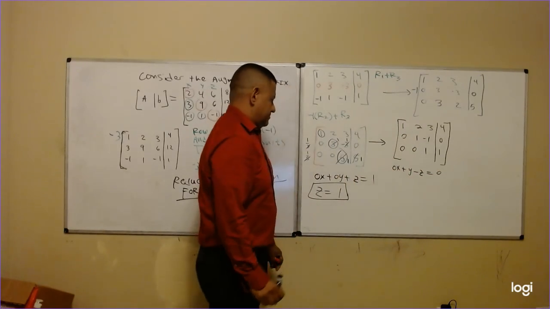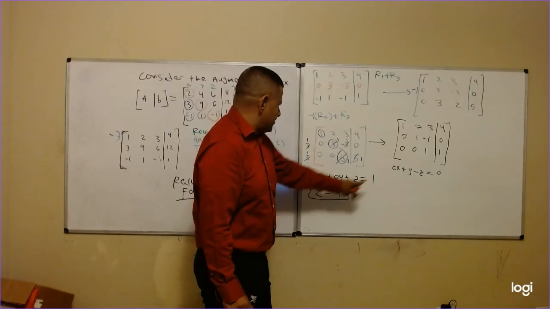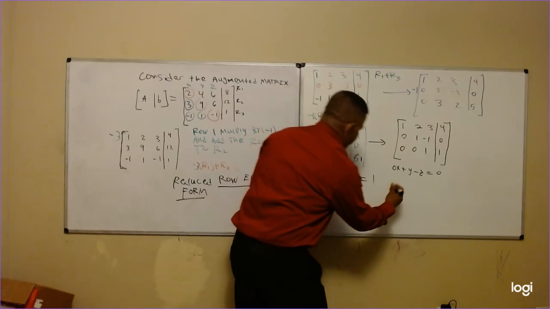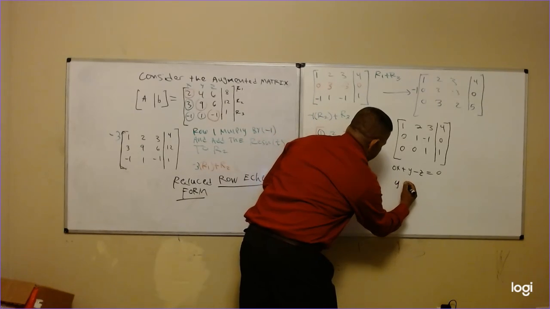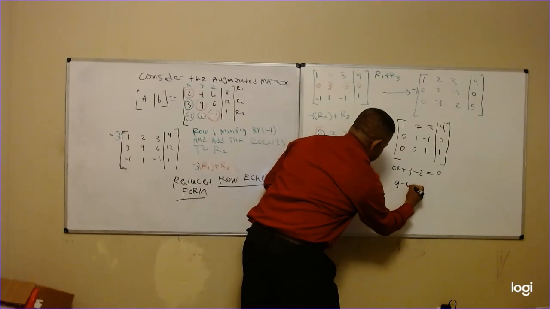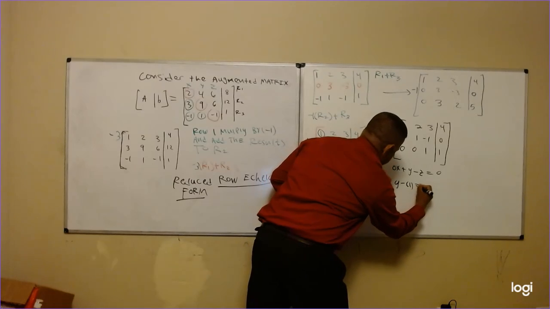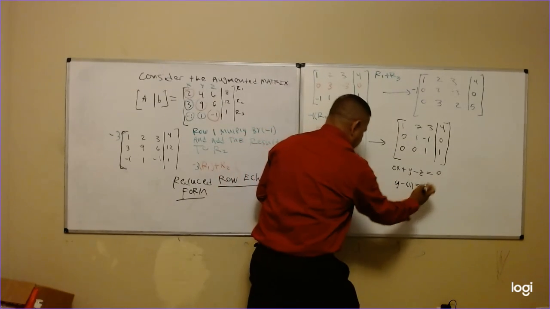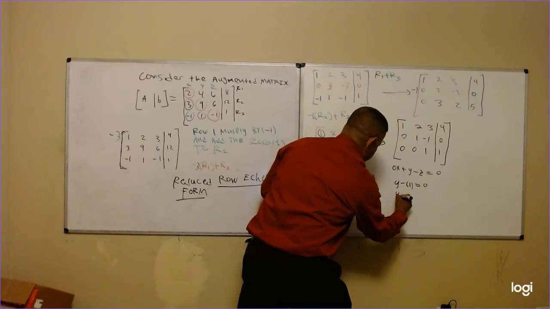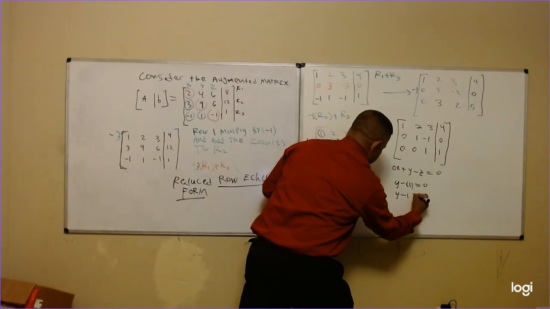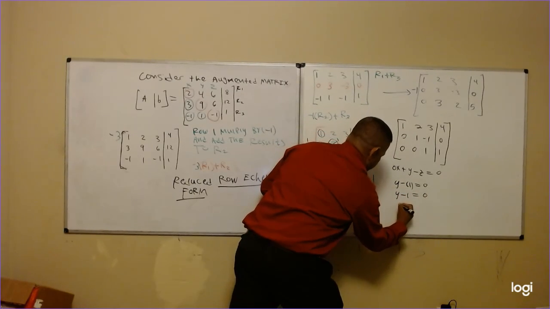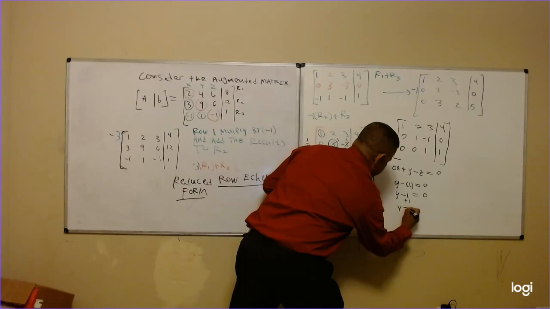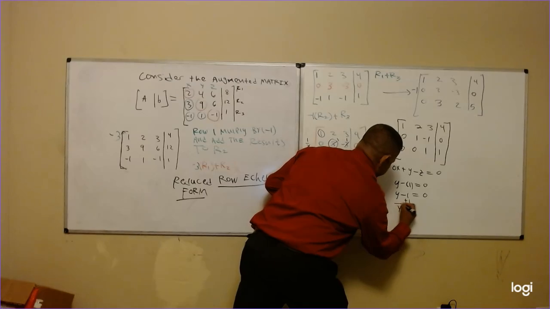The value of this z is 1, so y minus 1 is equal to 0. If I add 1 on both sides, y is nothing but 1.